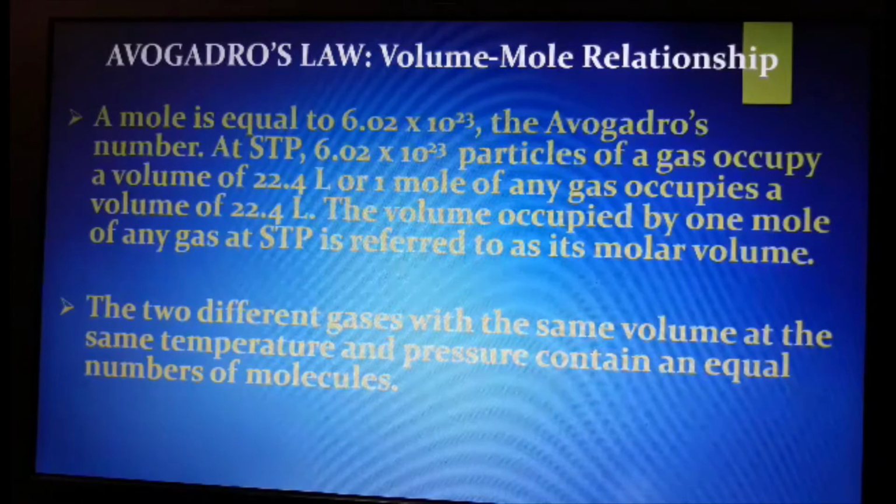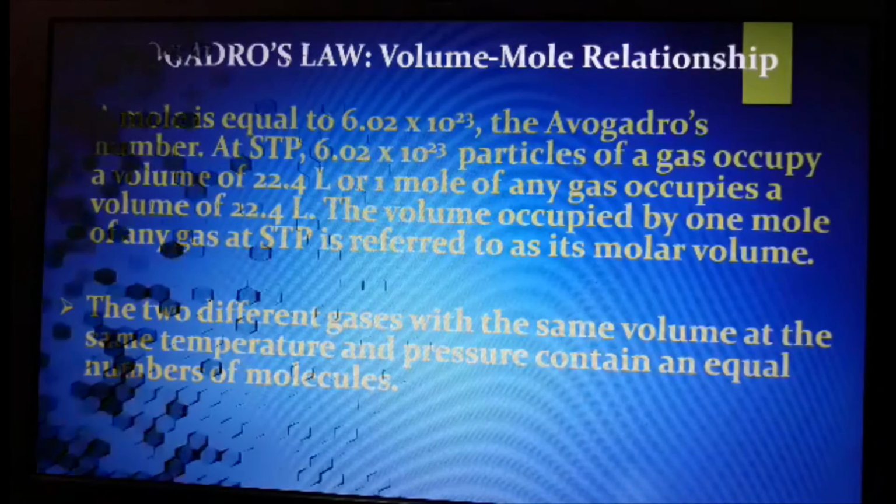The volume occupied by 1 mole of any gas at STP, or standard temperature and pressure, is referred to as its molar volume. So we are talking about the molar volume. Two different gases with the same volume at the same temperature and pressure contain an equal number of molecules.